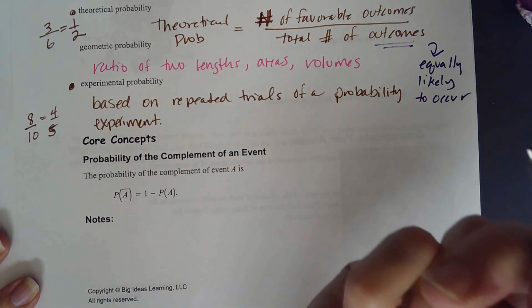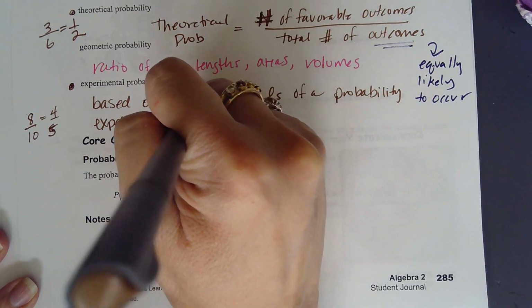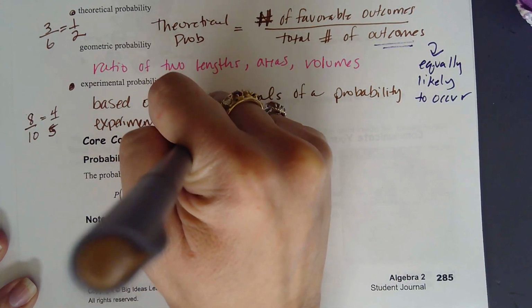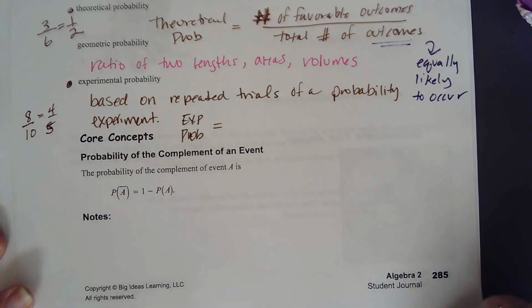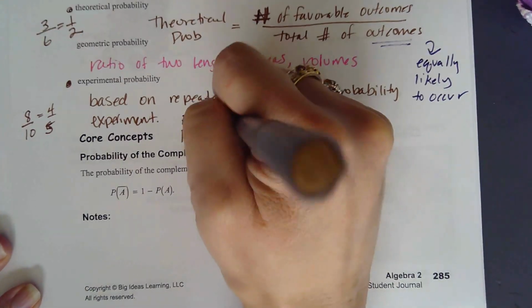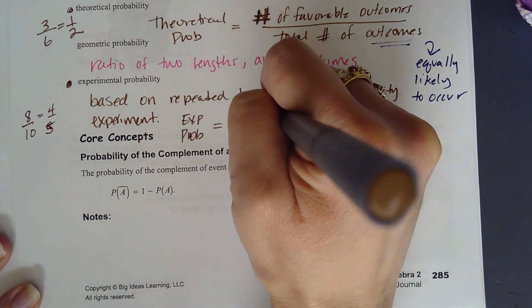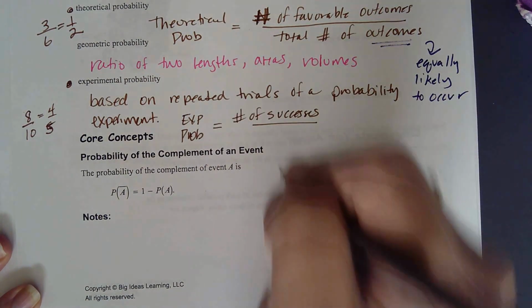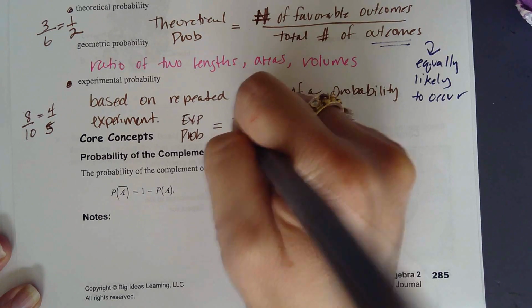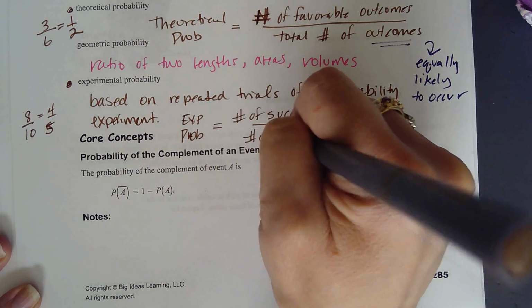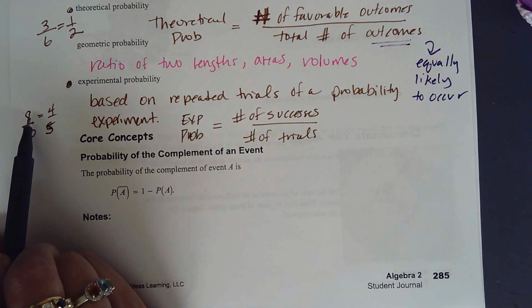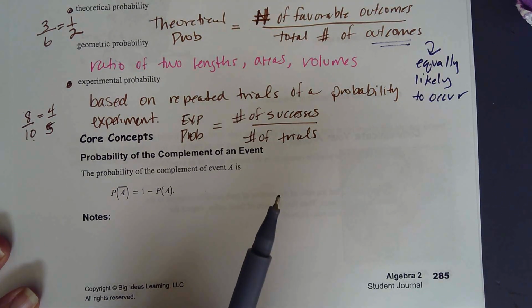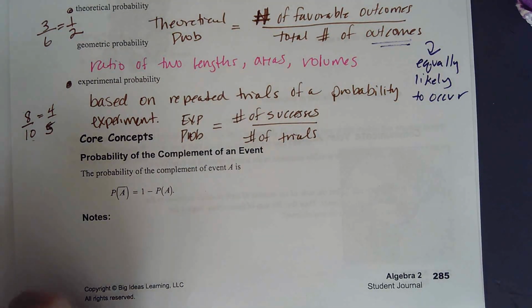You can write it as a formula: experimental probability is the number of successes, like the number of times you got an even number, over the number of trials. For example, I got an even number 8 times out of 10 rolls. So number of successes over number of trials.